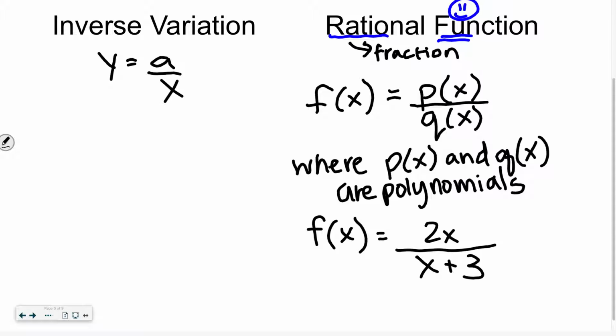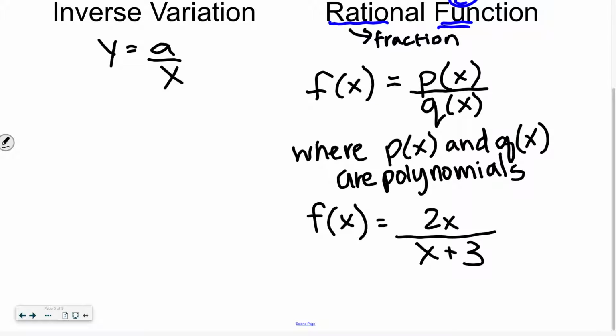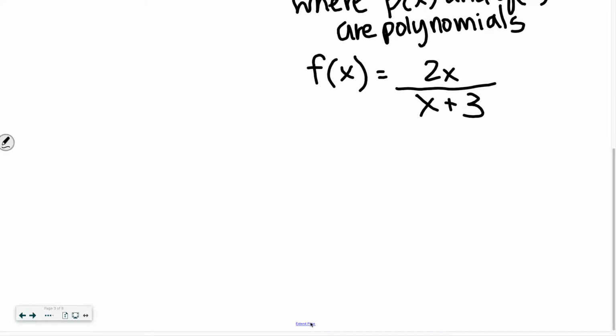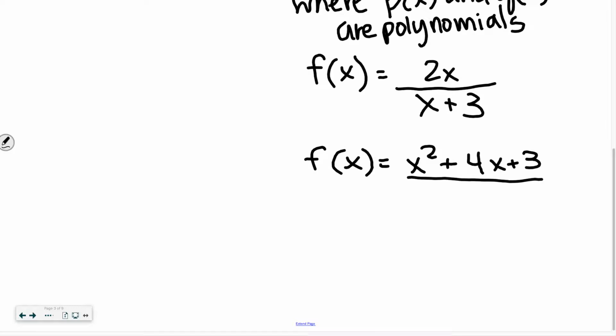Now, you guys chose linear polynomials, but do you remember that with polynomials, you can have all different kinds of exponents? Yeah, so quadratics. Later on in Algebra 3 or pre-calculus, wherever you're going next, you will re-study rational functions, and you're going to see something that might be more complicated, like f of x equals x squared plus 4x plus 3 divided by x squared minus 5x plus 6.